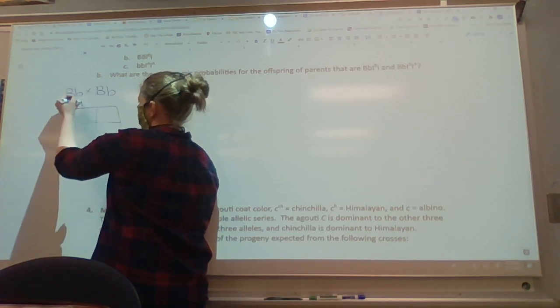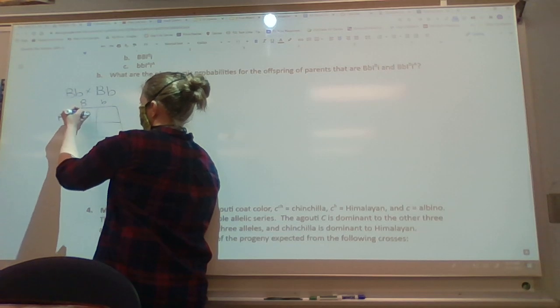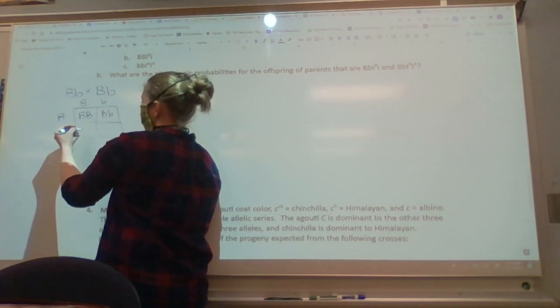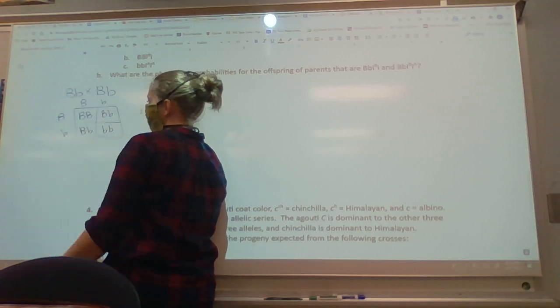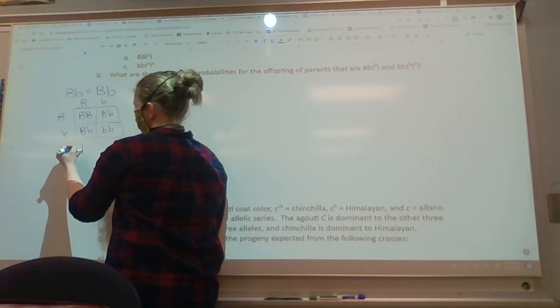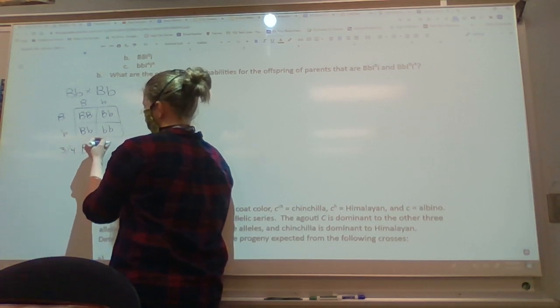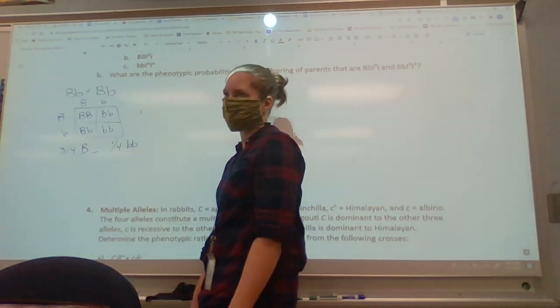And we can make a square if we need to, right? Well, the genotypic ratio is 1 to 2 to 1, but the phenotypic ratio is 3 to 1, right? I'm going to have 3/4 that have at least one working copy, and 1/4 that are going to have both broken copies.